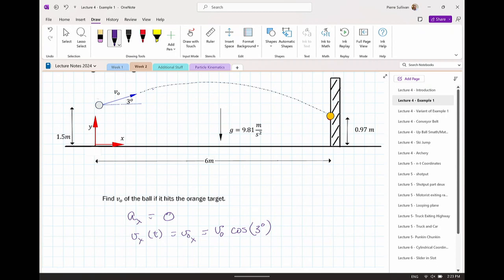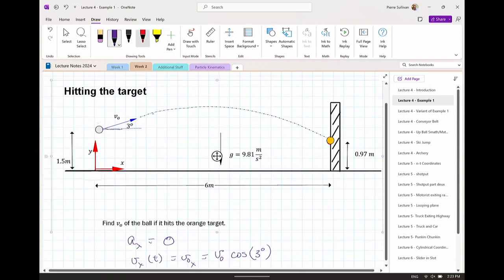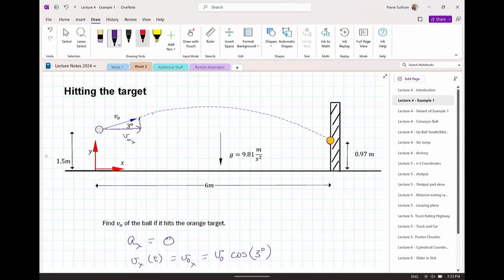And I know it's cos 3 degrees because that is my V naught x, that is my V naught y. V naught x then is going to be V naught cos 3 degrees, and I know that that value will not change with time. It will stay the same throughout this motion.